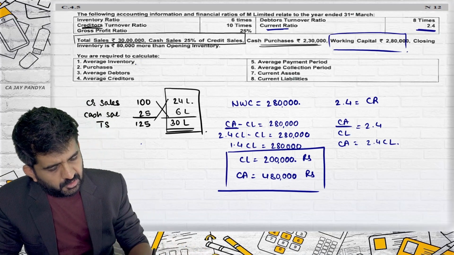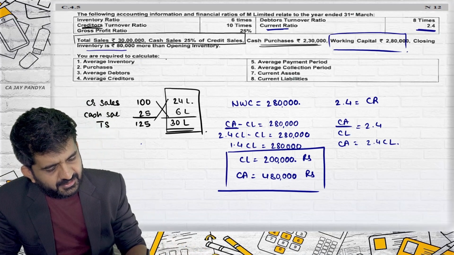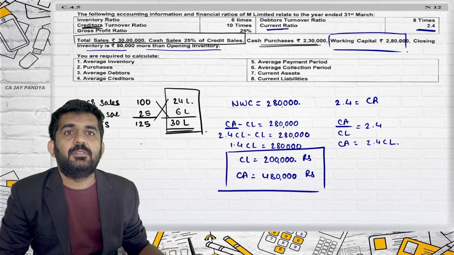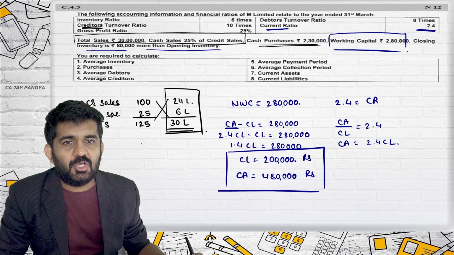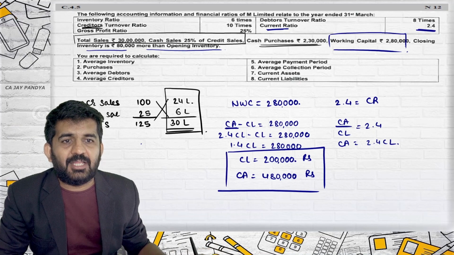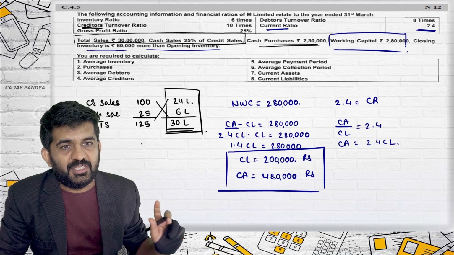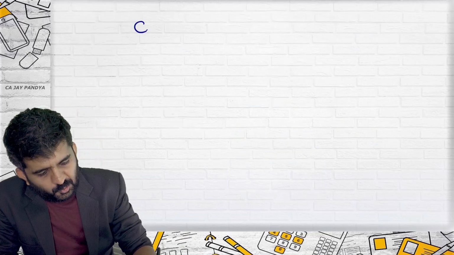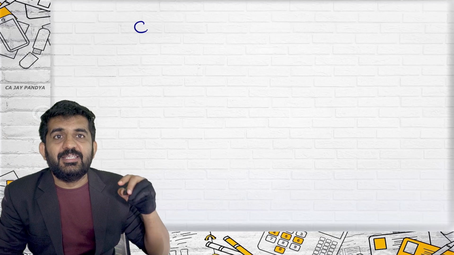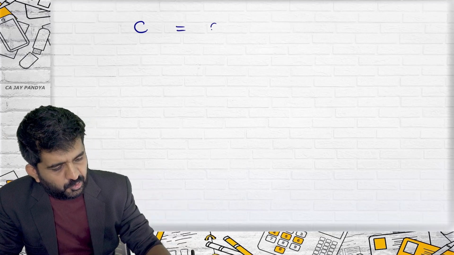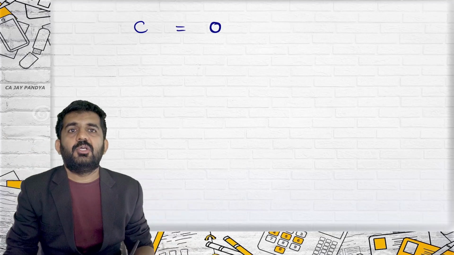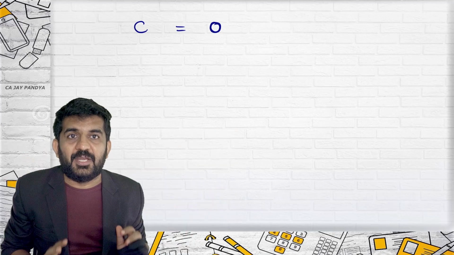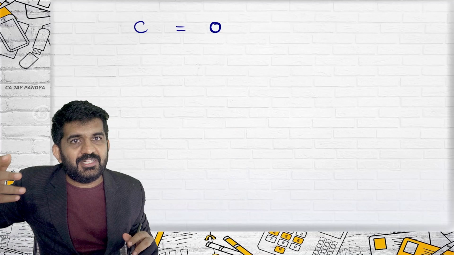Closing stock inventory is 80,000 more than opening inventory. Try to concentrate. Closing stock is 80,000 more than opening stock. So if I want to make an equation, closing is 20,000 up and opening is 20,000 down.